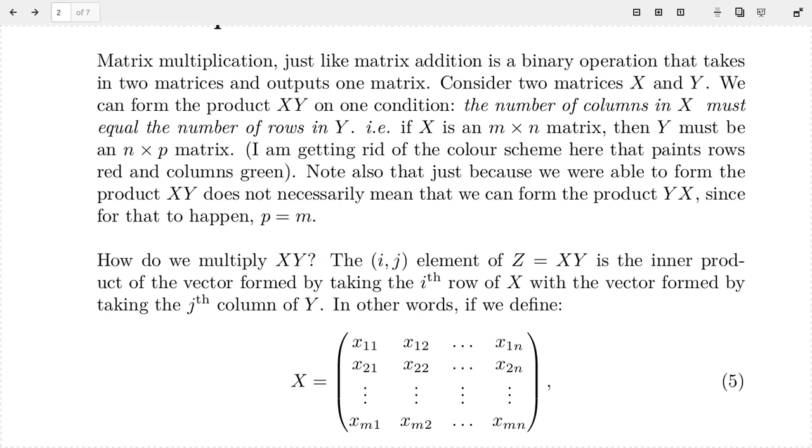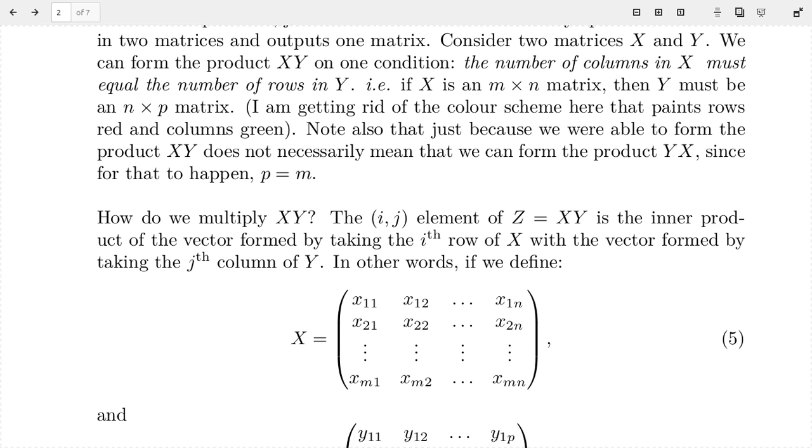When we perform the multiplication XY, we're left multiplying Y by X, or you could say that we are right multiplying X by Y. In order to perform the multiplication XY, the number of columns in X must be equal to the number of rows in Y. That's because, in order to get the elements of XY, we will be taking the inner product of the rows in X and the columns in Y. For that to happen, the number of columns in X has to be equal to the number of rows of Y. Otherwise, the inner product is not going to be defined.